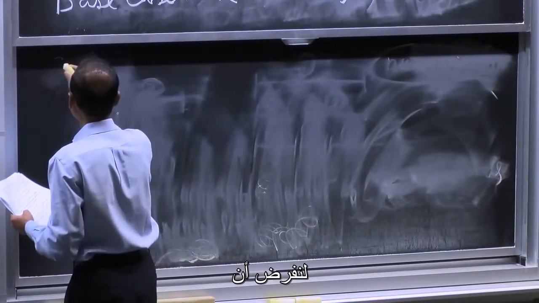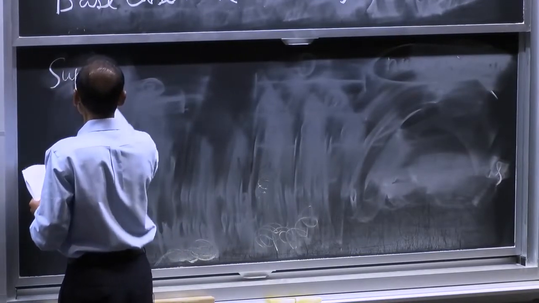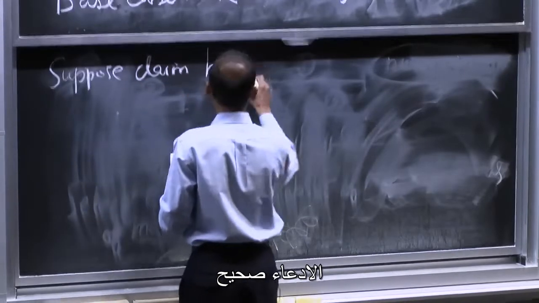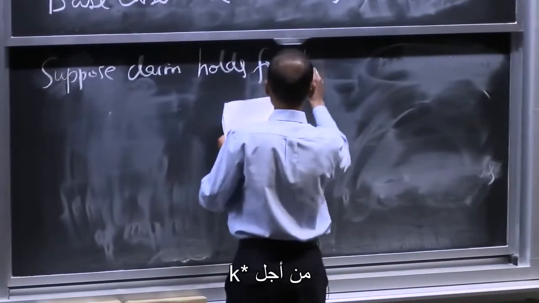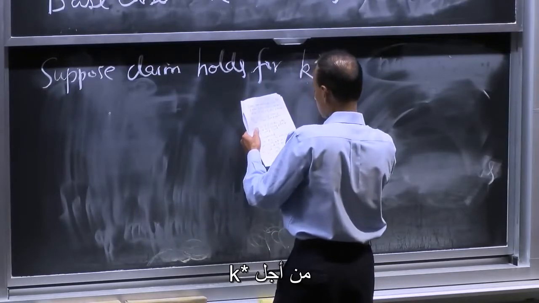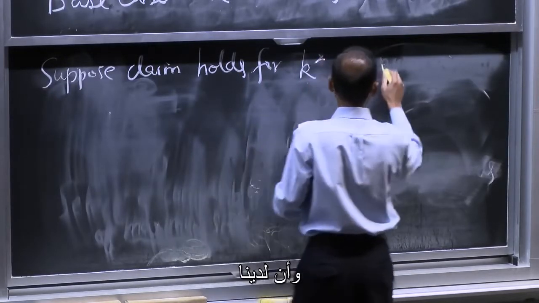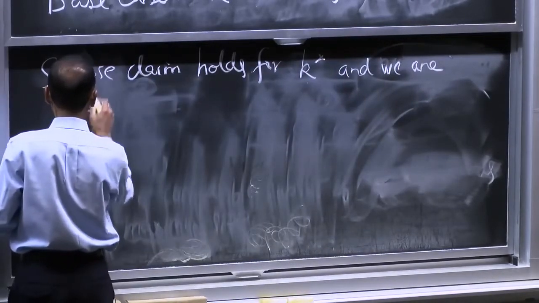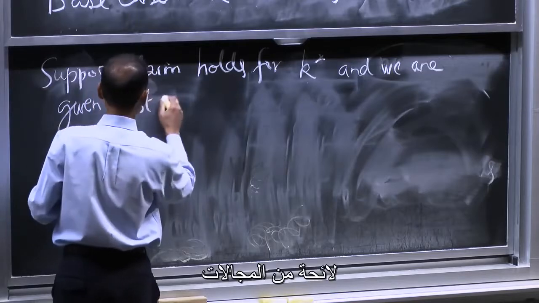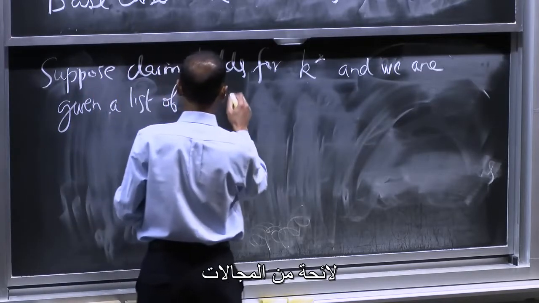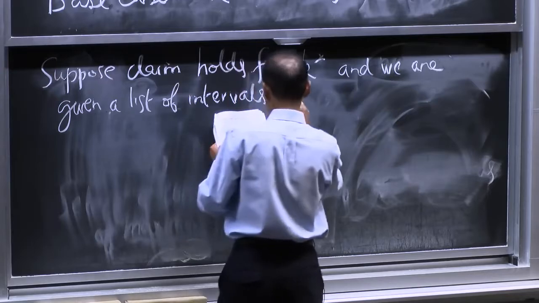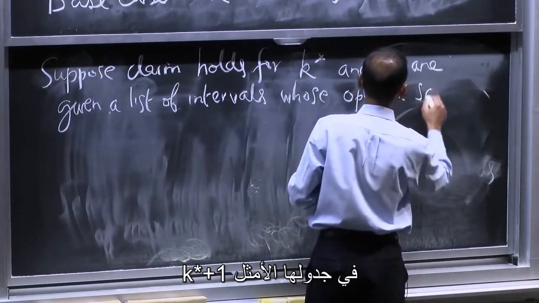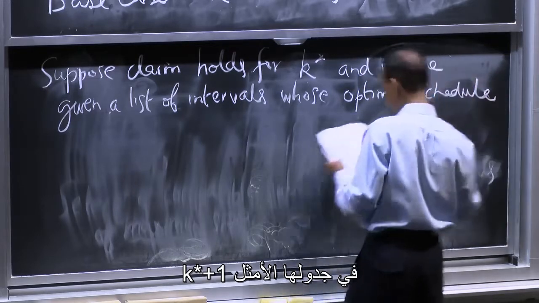So let's say that the claim holds for k star, and we are given a list of intervals whose optimal schedule is k star plus 1.